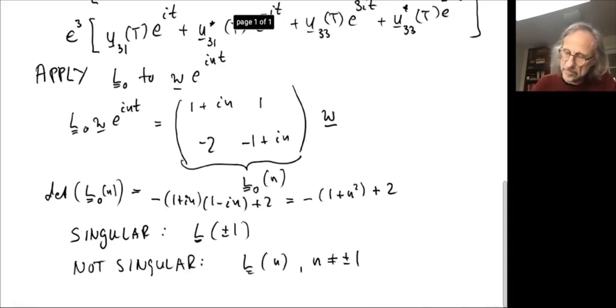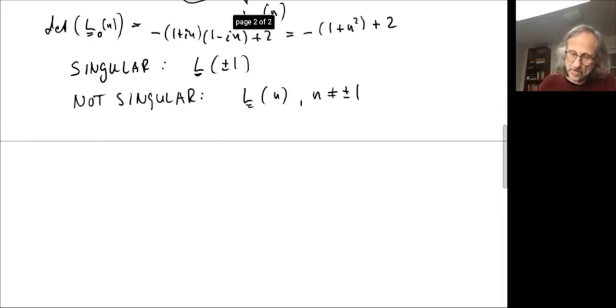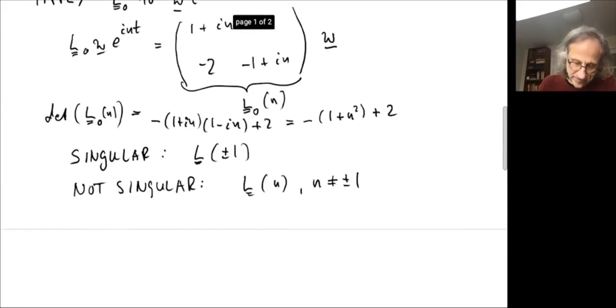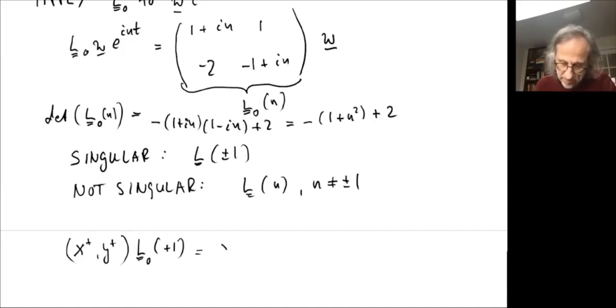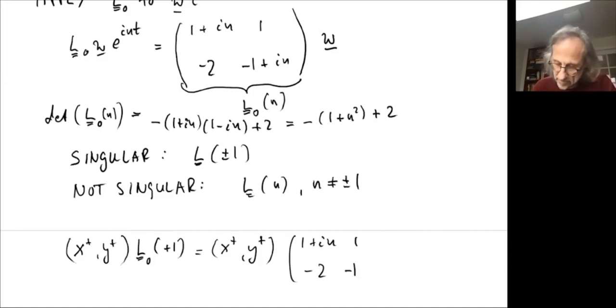That is straightforward. Let's just do it. We need to know what the vector is. Let's call it x plus, y plus. We need to have this at n equals plus 1. When is that 0? That's x plus, y plus times the matrix 1 plus i, 1, minus 2, minus 1 plus i, and that's supposed to be 0.